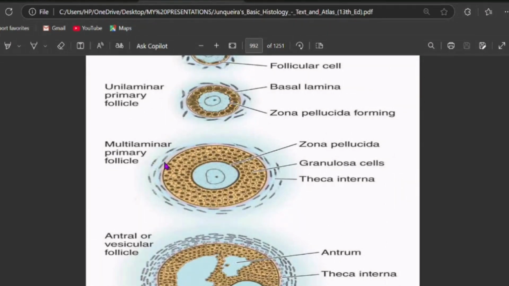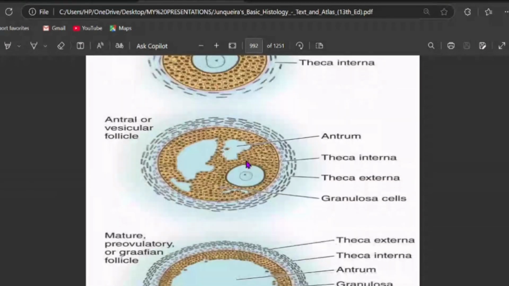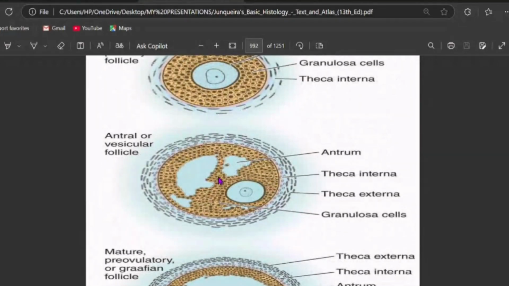Then this is the multilaminar follicle. Your zona pellucida is formed. The cells outside form the granulosa cells, and the stromal cells that lie outside are going to form your theca interna, which secretes hormones, and then your theca externa, which is there for protection. As we go through these stages, you start to form the antrum, the fluid cavity.